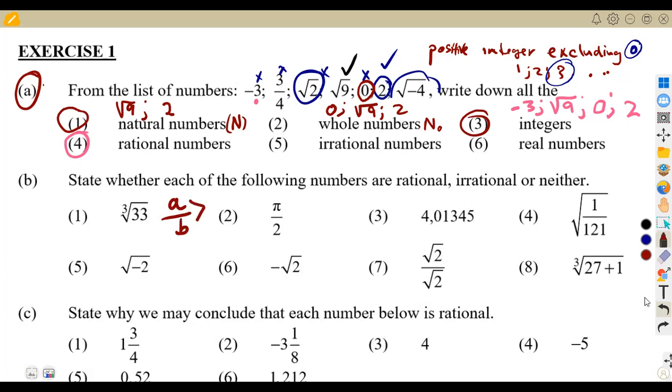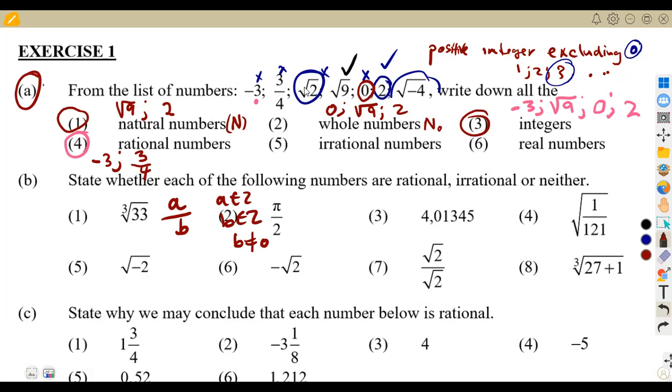Remember, we talked about this, whereby a is an integer, b is also an integer, but b is not supposed to be equal to 0. All right, so let's start with the -3. Remember, I said all integers are rational numbers. So meaning to say -3 is a rational number. For a fraction, we've got 3 over 4. These are integers. It is going to be a rational number again.